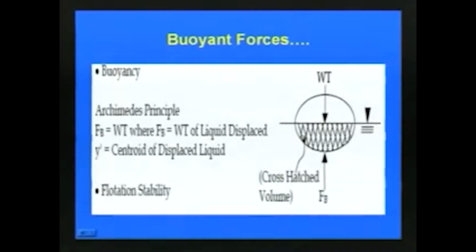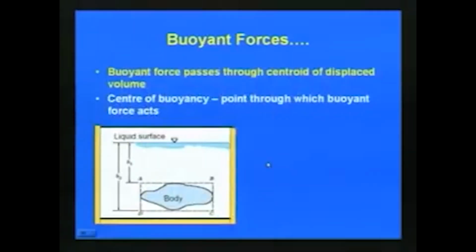Buoyant force is very important, especially as far as static fluid is concerned, as we have discussed here. The buoyant force passes through the center of the displaced volume, as we have already discussed, and the center of buoyancy is defined as the point through which the buoyant force acts. From this we can determine the center of buoyancy.